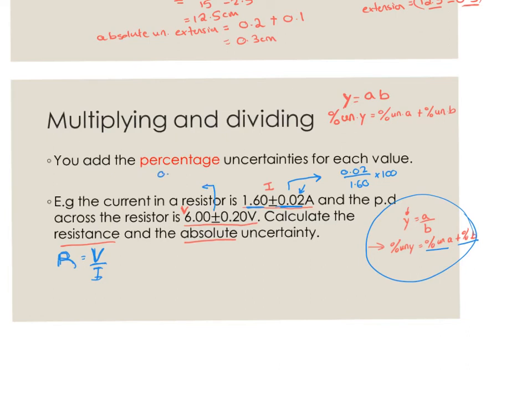So 0.20, which is the absolute uncertainty, divided by the value, times 100. So for this one, we got 1.25% for I. For V, we got 3.33333, but we don't need too many threes, that's enough, percent.